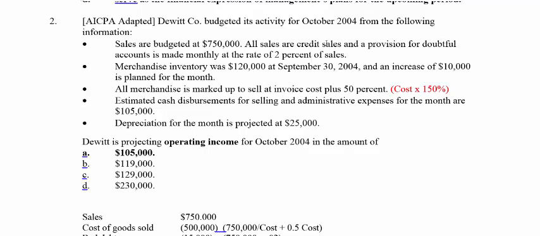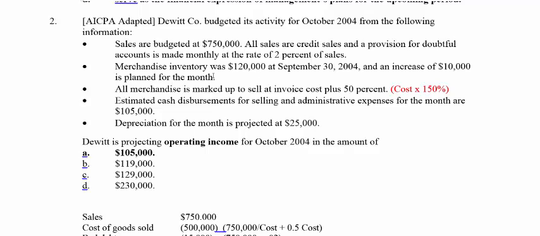All sales are credit sales, and a provision for doubtful accounts is made monthly at the rate of 2% of sales. So 2% of $750,000 needs to be recognized as bad debt expense because we're most likely not going to be collecting that. So 750,000 times 0.02 will be the amount for bad debts expense.